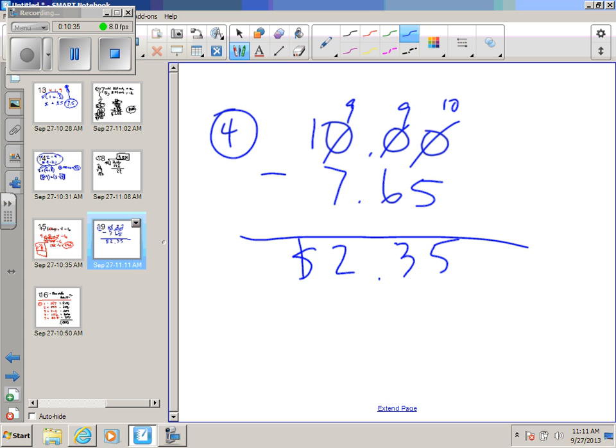Is it reasonable to think that they'll get 335 back? No. You get 235 back. Okay. I had to, if I was going to take from here, I had to also take from there.